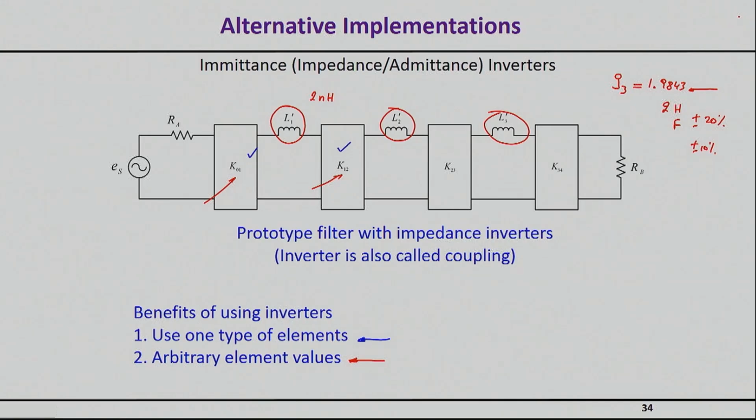So this is a real advantage, which is not just true for the low-pass prototypes, but particularly for the band-pass filters or the band-stop filters, where we're building resonators, and there we have to control the impedance of the resonator. And a lot of times, the impedance of the resonator, which is the equivalent of saying now here the value of 2 nanohenry, is something that we have limited control over based on our fab process.